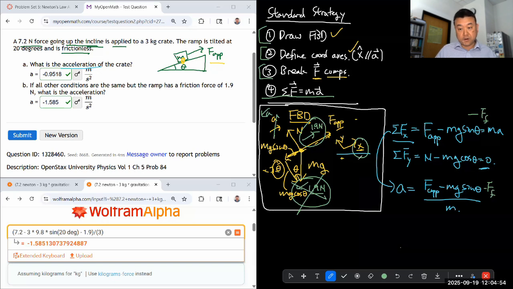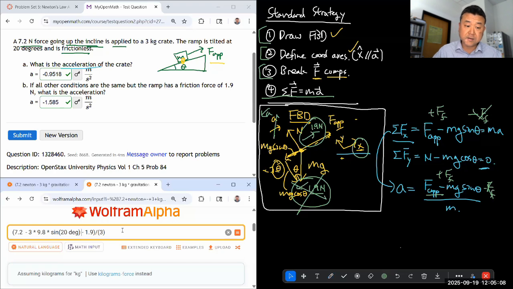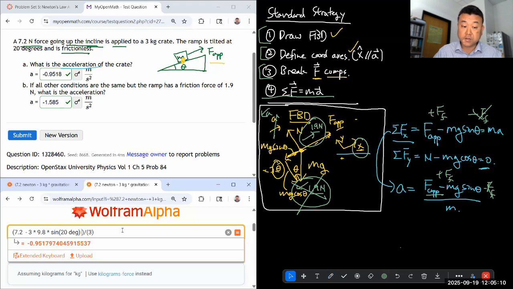So if that were the case, then you wouldn't be doing this. You would be adding plus friction force in the same direction as applied force. And if you did it that way, which again I think might be a more natural thing to do for most of the people who haven't looked at this question coding before, then you would get this answer, minus 0.318.